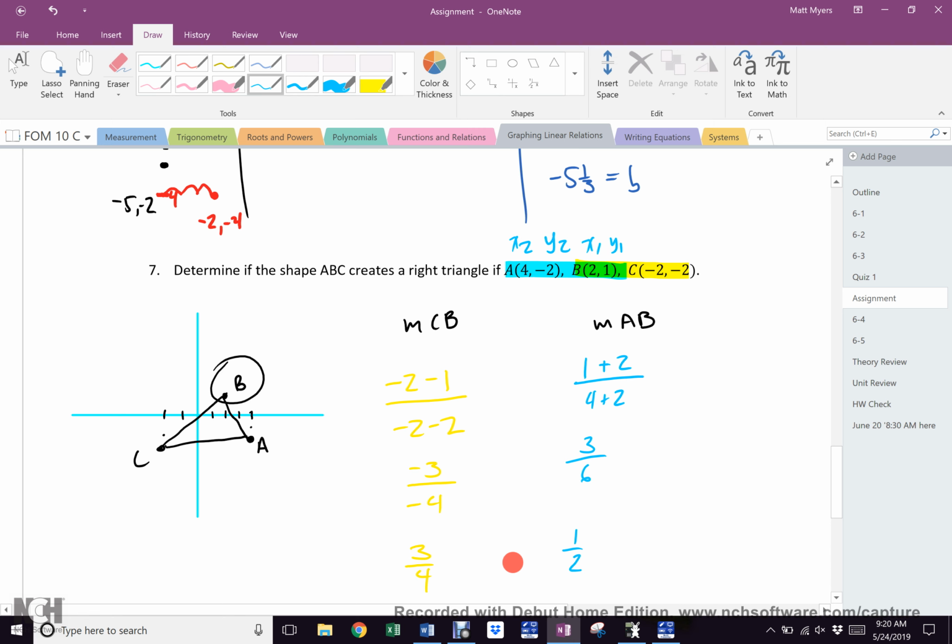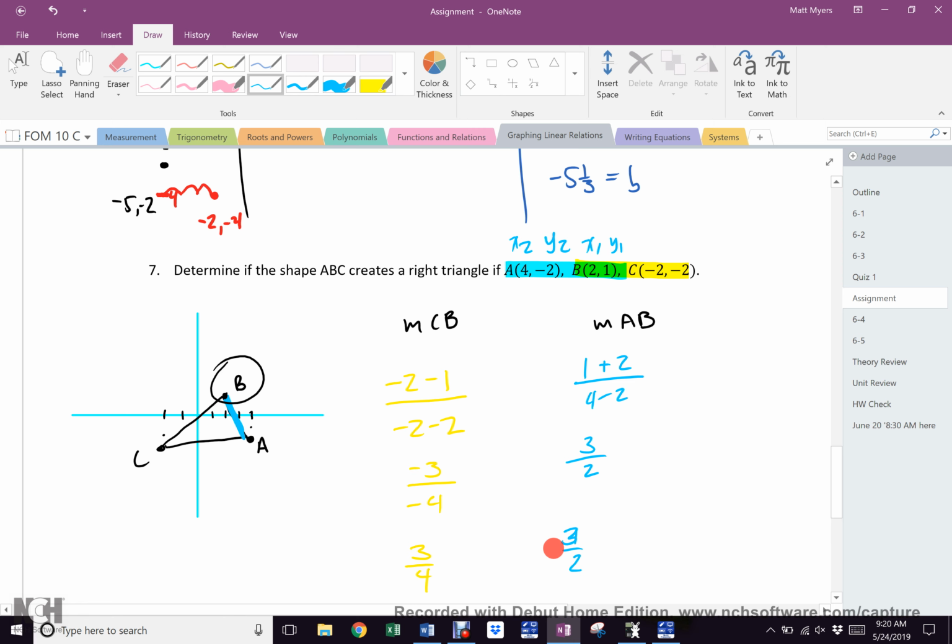Are those opposite reciprocals? Did I make a mistake somewhere? Yes. Where? It's 4 minus 2. Good. So what is 4 minus 2? So it's 3/2, isn't it? Am I still good? Look closely, please. Look at the slope of AB.